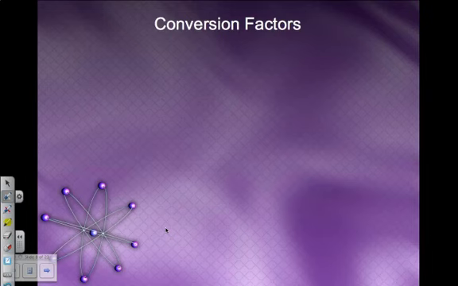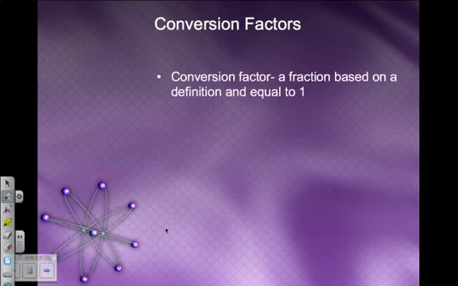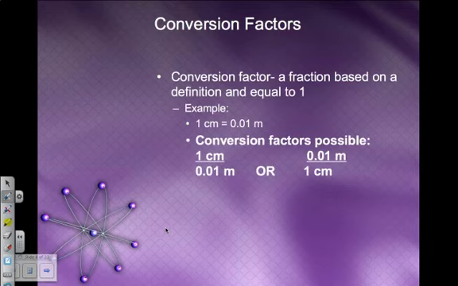So what is a conversion factor? It's a fraction based on the definition and is equal to 1. So if I have 1 centimeter, we know that's equal to 0.01 meters. I can set it up 2 different ways as a conversion factor. I can set it up as 1 centimeter over 0.01 meters, or I can set it up as 0.01 meters over 1 centimeter.